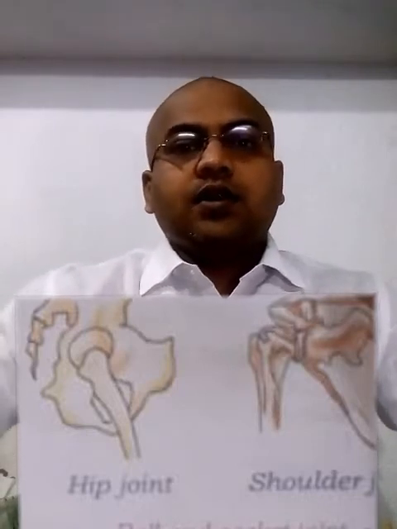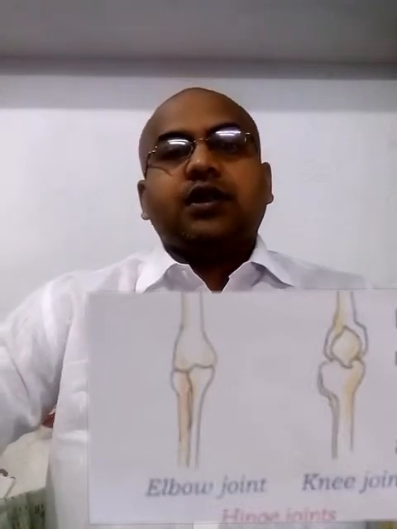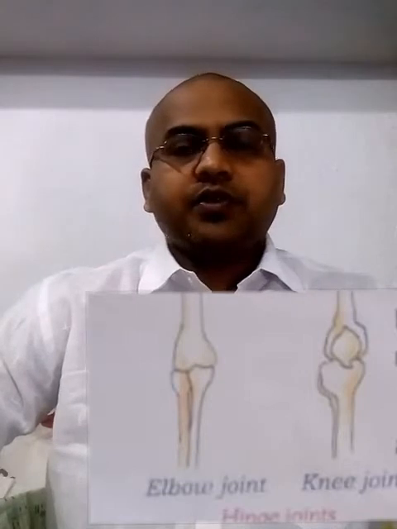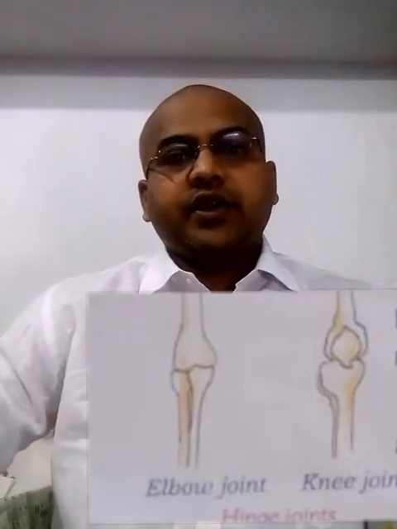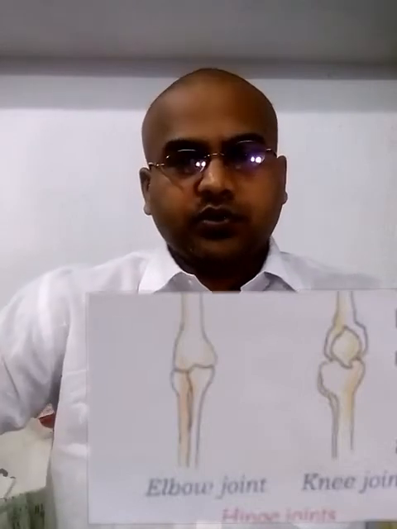At the hip region also, the long bone of our leg, that is the thigh bone or femur, has a round-shaped end, and it is fitted into the socket made by the hip bones.